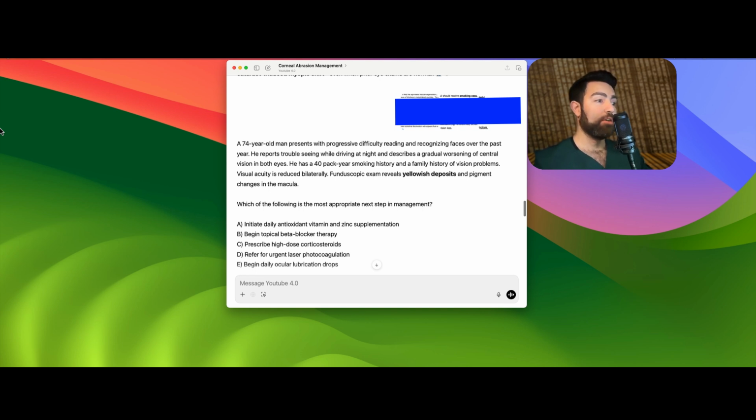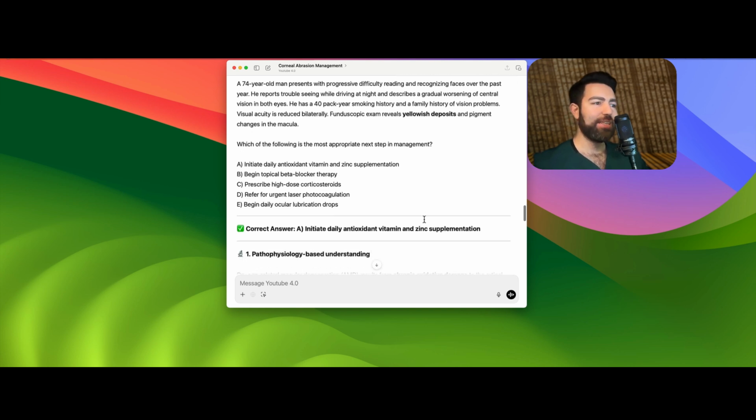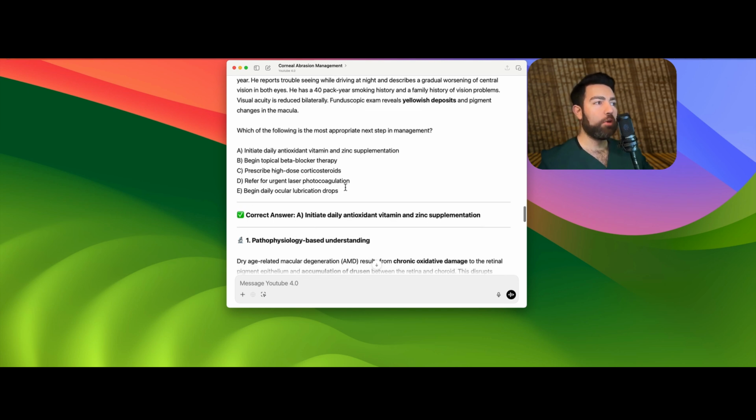All right, so this is also a very important educational objective about dry macular degeneration. So the treatment is actually here going to be initiating daily antioxidant vitamin and zinc supplementation. And if there was an option, it would be for him to stop smoking. Okay, very, very important.